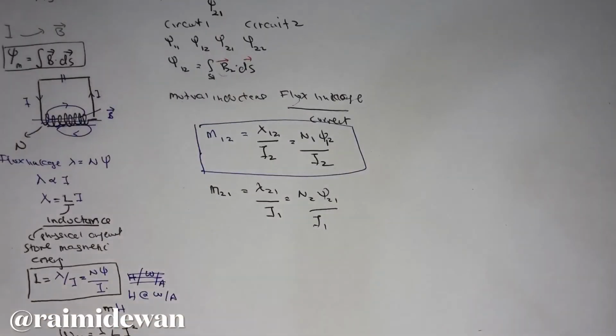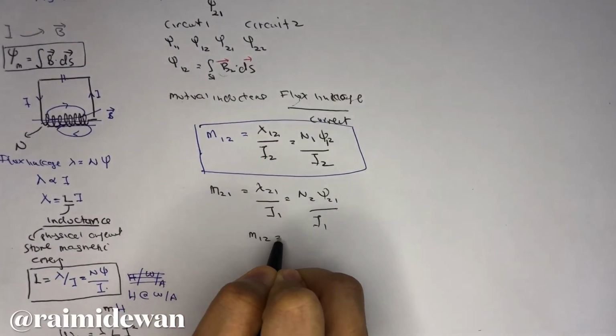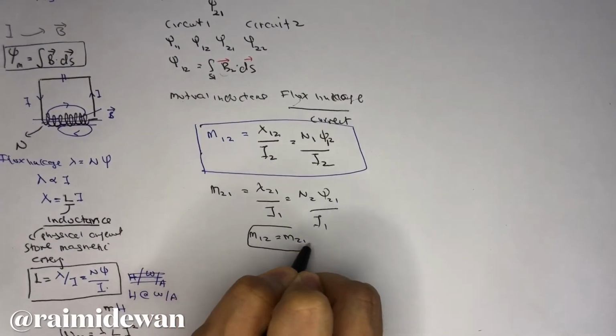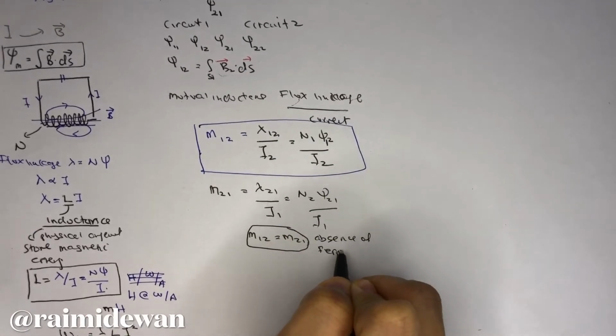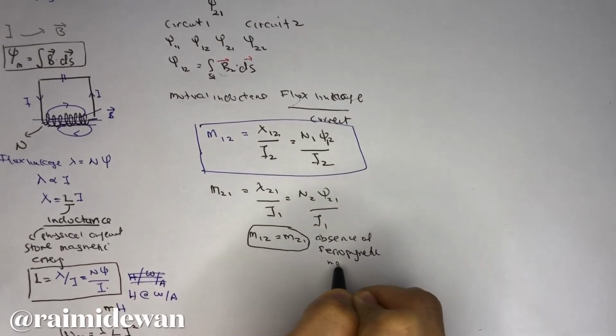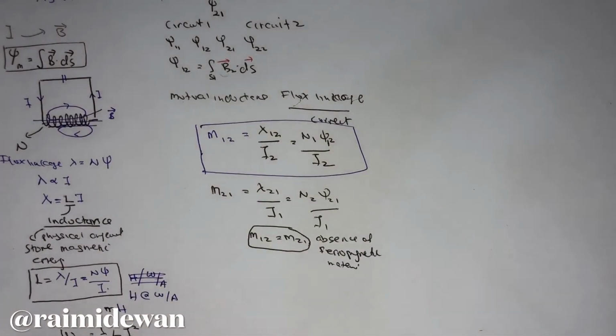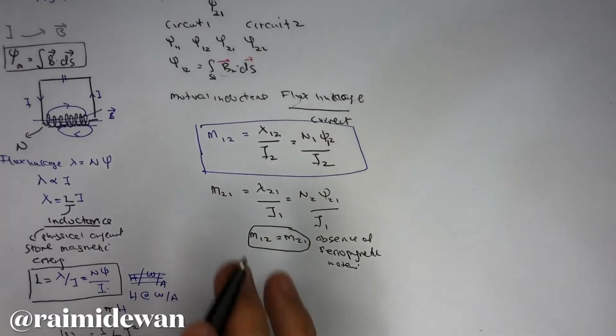So in the absence of ferromagnetic material, if the medium surrounding that circuit is linear, we may also show that M12 is equal to M21.